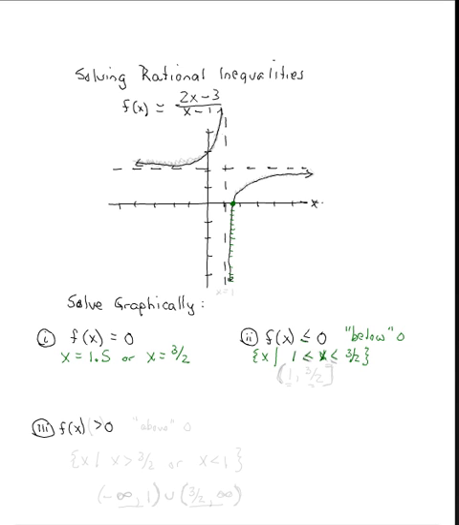Because it was less than or equal to 0, then I can say x is any value between positive 1 and 3/2. It does include the 3/2. So if we write our answer in interval notation, our answer would contain every value starting at 1 and going to 3/2.